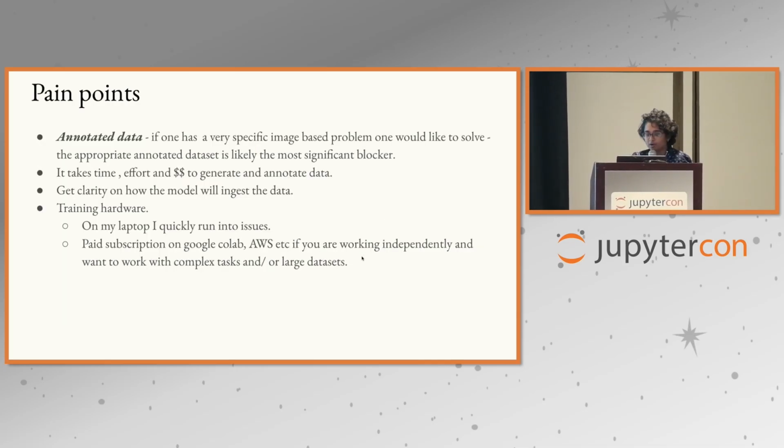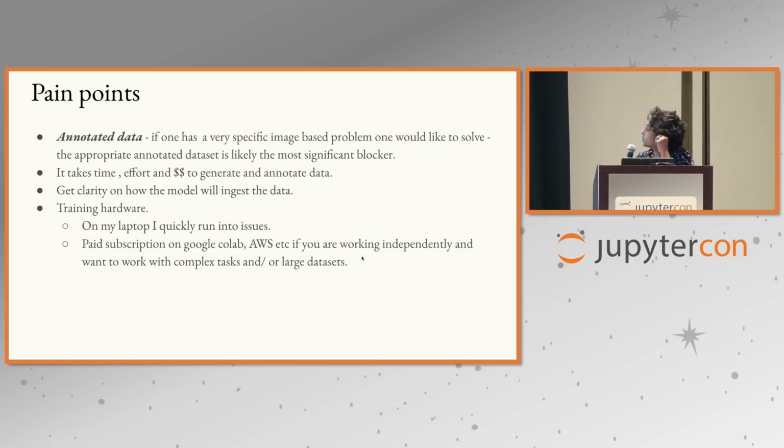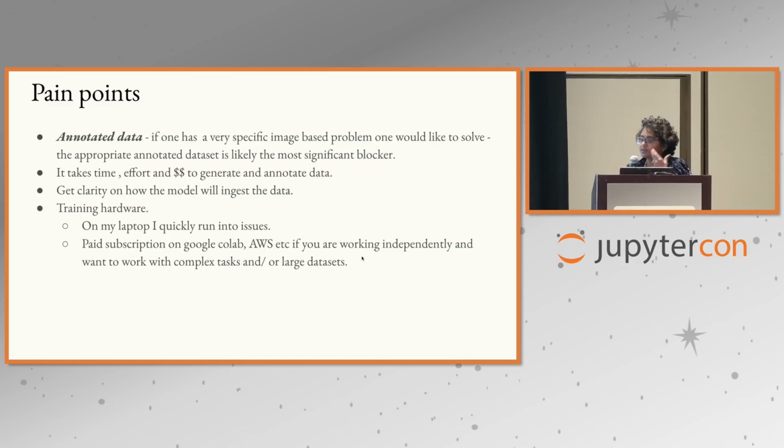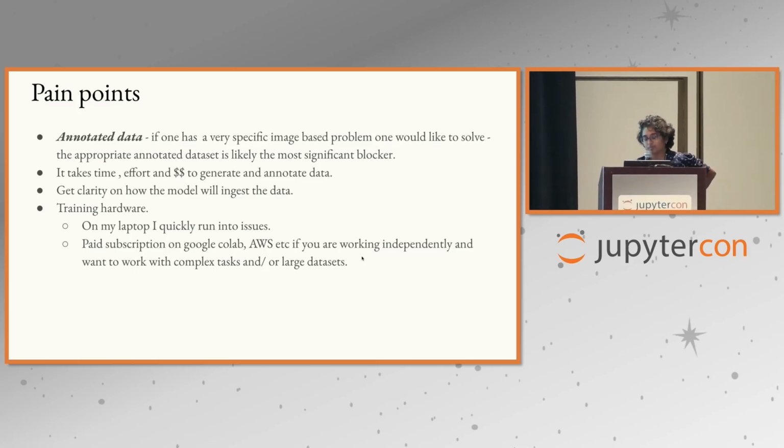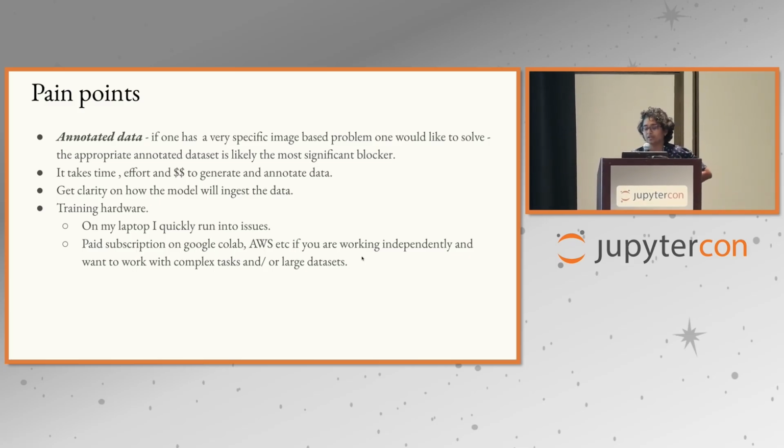What are the pain points? Just from experience, in any image-based problem, the pain point is always the annotated data set. Depending on what problem you are wanting to solve, you have to make sure the data is available.